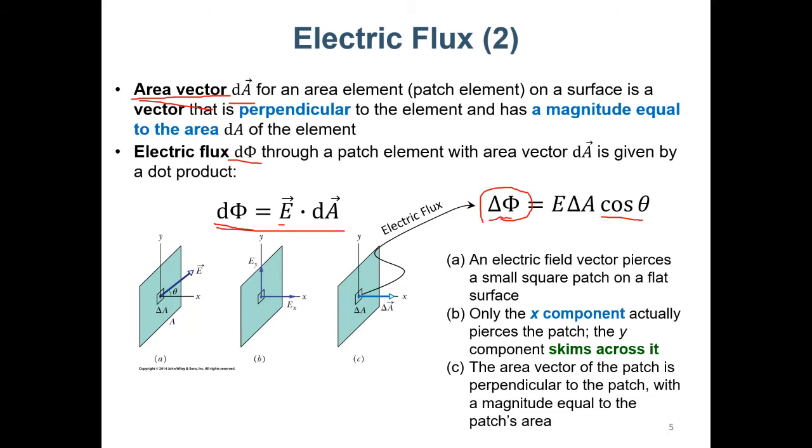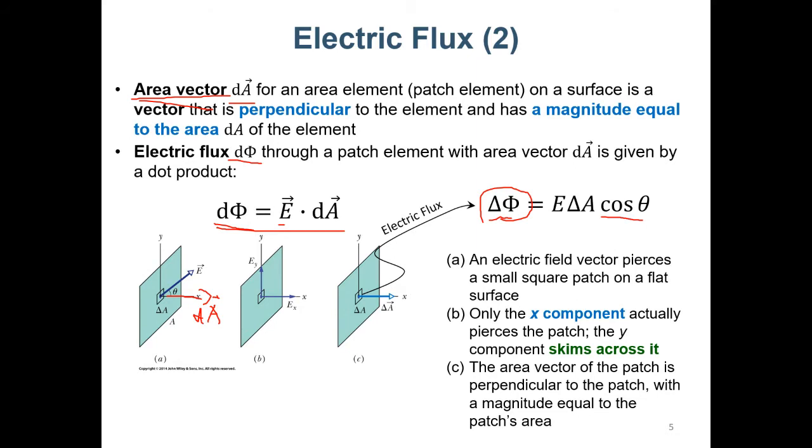Theta is the angle between the dA vector and E. So theta is this angle. For the inner product, we multiply the magnitudes of both vectors, and then multiply by cosine theta.